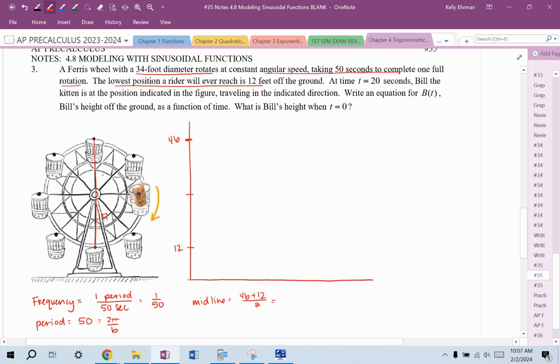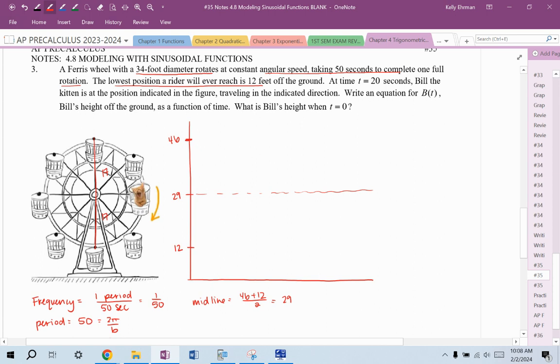This is 17, this is 17. What's 12 plus 17? 29. This comes out to 29 too, right? 58 divided by 2. Yes. So lots of ways to find that. I love sketching a little midline across. So there we go.